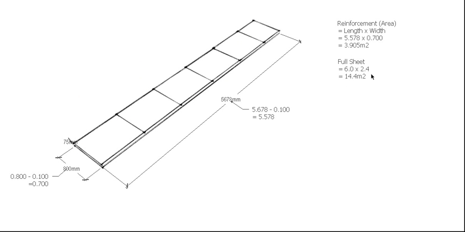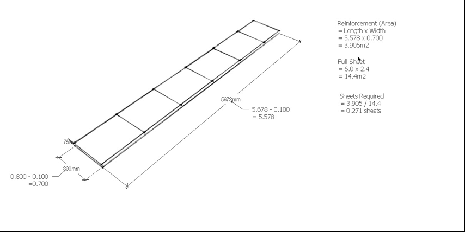To work out how many square meters are in a full sheet, in this case 6 meters by 2.4, that gives you 14.4 square meters of reinforcement mesh in a full sheet. We only need 3.905 square meters, so obviously we're going to need less than a sheet.